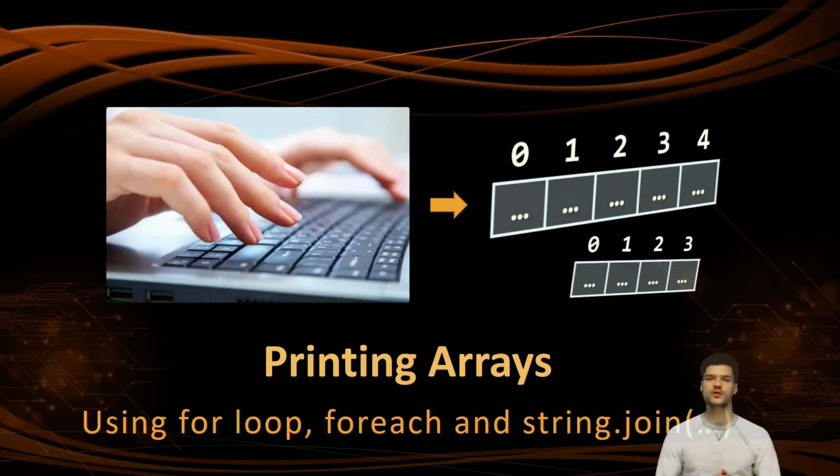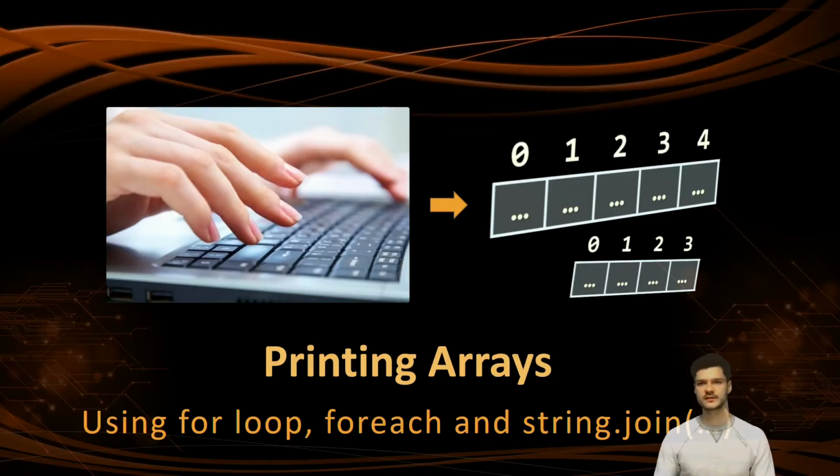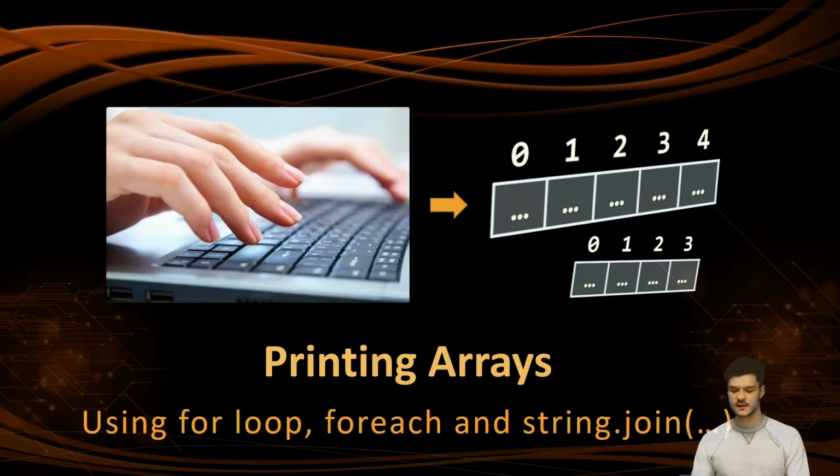Alright guys, so we have seen how we can read arrays from console lines, from a single line, from multiple lines, and so on. I hope you understood it and you have practiced it, so you got an insight into how to read arrays from the console line. Let's now see how we can print arrays.